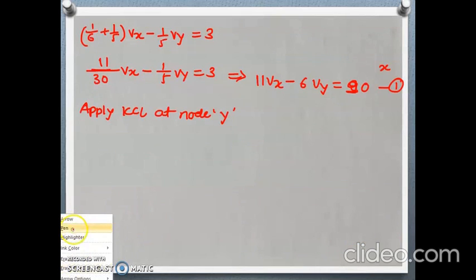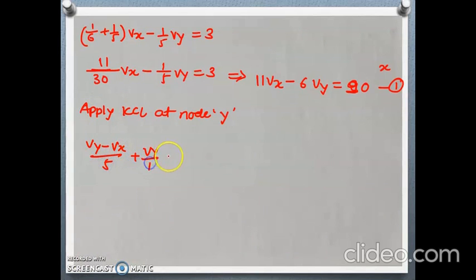So we will write this: (Vy minus Vx) divided by 5 plus Vy upon 1 plus 2 equals 0. Let's rearrange: minus 1/5 Vx plus (1/5 plus 1) Vy equals minus 2.